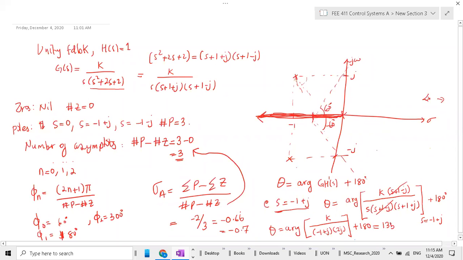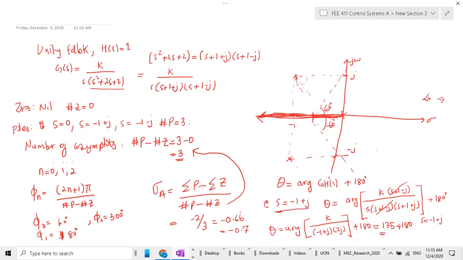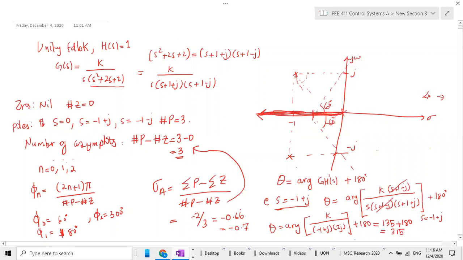So 135 plus 180 is 315. Since we are measuring angle in the anti-clockwise direction, we measure 90, 180, then 315 at that point.